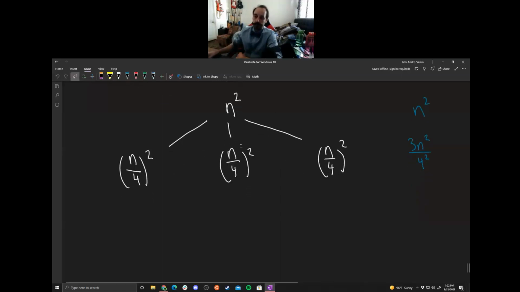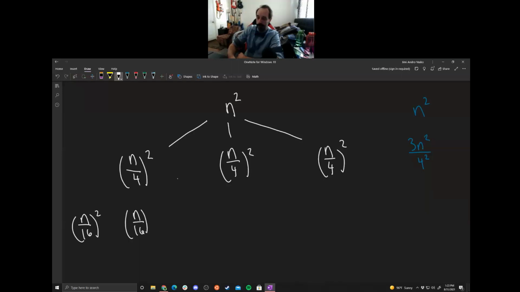So each of these nodes in this tree, we're going to break into 3 components once again. So we're going to have n over 16 squared, n over 16 squared, n over 16 squared. Now I'll just do the same thing.